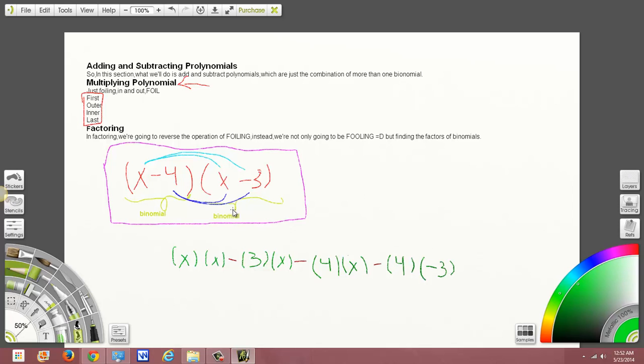Okay, so now all we have to do is simplify, multiply.